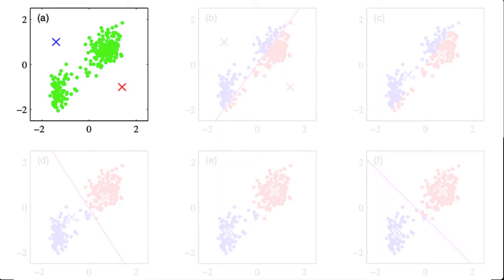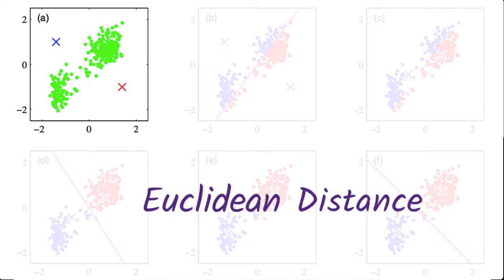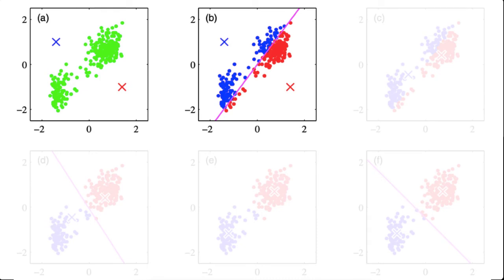So basically this K-means clustering algorithm works on the principle of Euclidean distance, and all the points which are closest to a certain cluster mean, they are said to belong to that particular cluster. So now in this graph that you see, all the blue points are closer to the blue cross and all the red points are closer to the red cross. Now what do we do?